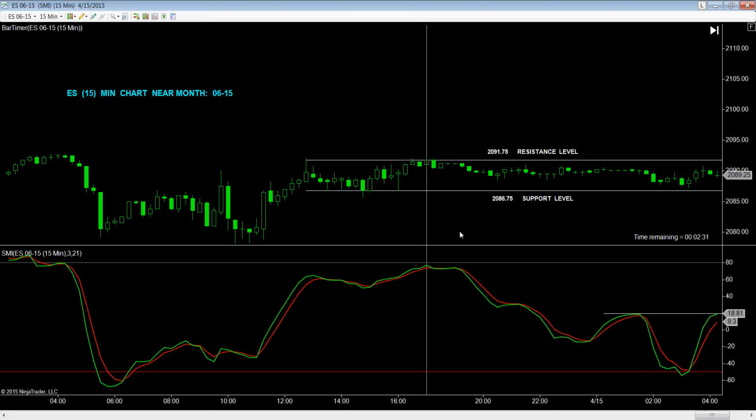And by the way, what we do know for sure is that at this time, even if we get up and through 2091.75, excuse me, it is definitely an area where we have room to go to the upside. And where we have to go to the upside, for the lack of entering into a lot of new information here, is simply that from the open of 2/25/2015 at 17:15 hours, the open price was 2106.25.